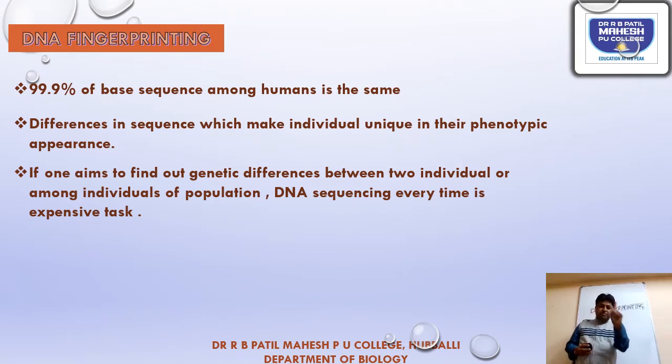The cost for one base pair is US $3. So if you want to identify the differences through DNA sequencing, it will cost about US $9 billion.